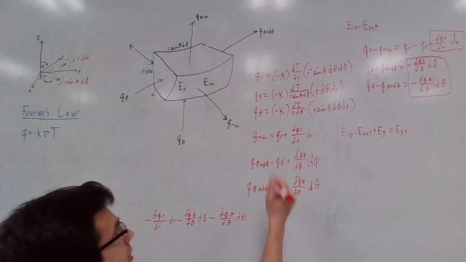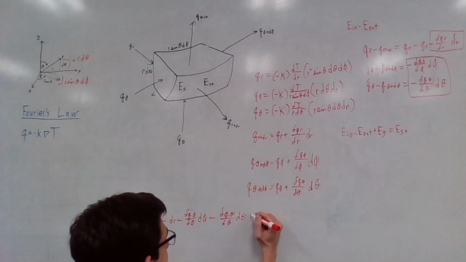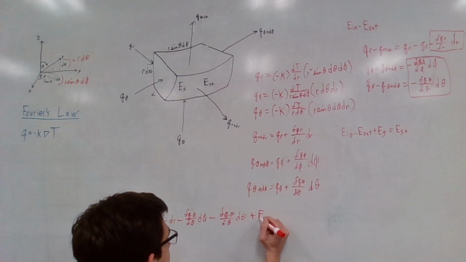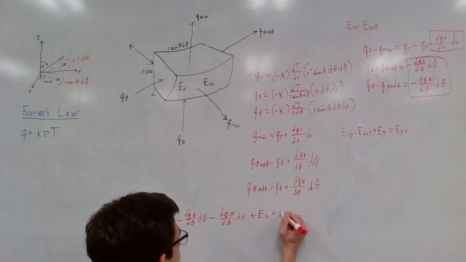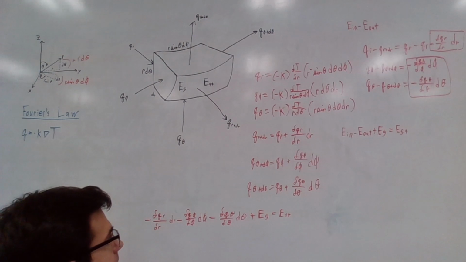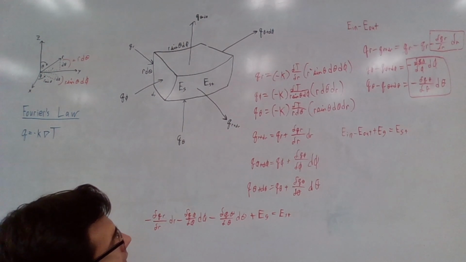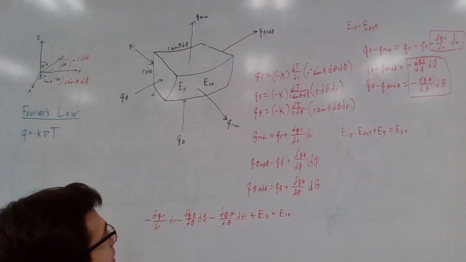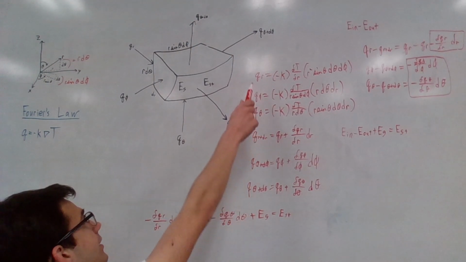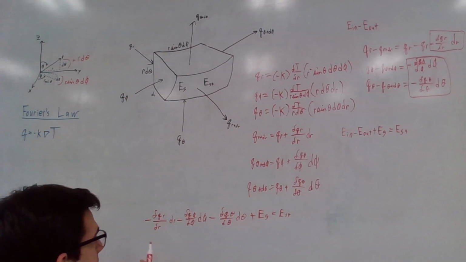All right, so that's our energy in minus our energy out. Let's go ahead and do our energy generation. We'll just leave that as EG right now. We'll get to more of that later. Equals energy storage. All right. Right now, I just want to plug in some things. So let's go ahead and do that, where we're going to plug in our QR, Q phi, Q theta into our equation down here.